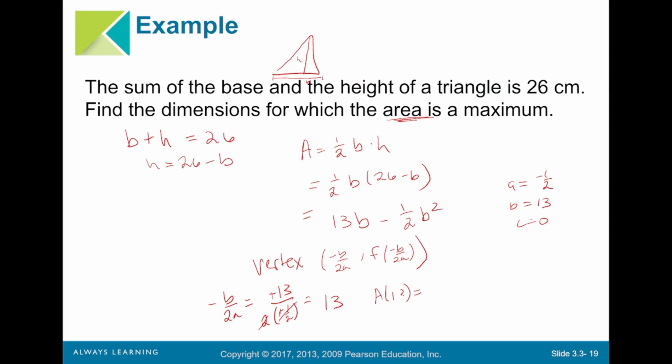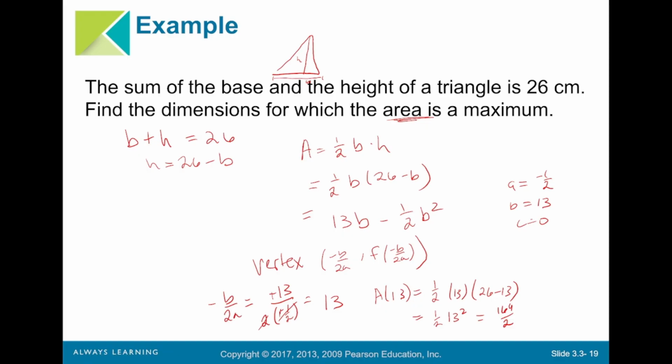Make sure that looks like a 13. And that would be 1/2 times 13 times 26 minus 13, which is 1/2 of 13 squared. 1/2 of, well, that's 169 over 2.